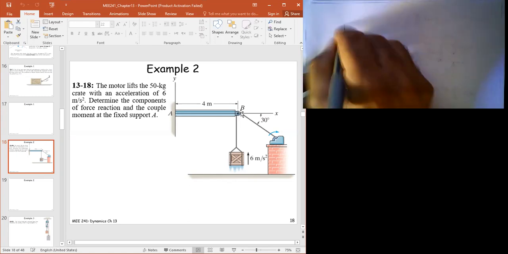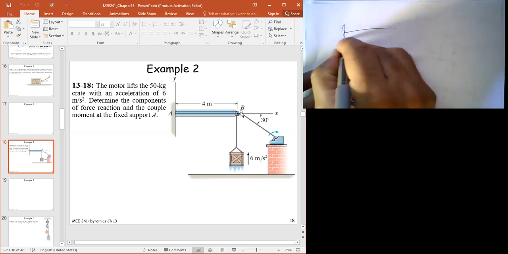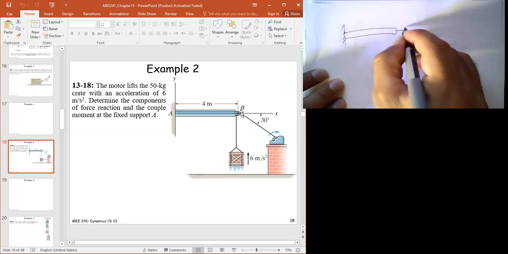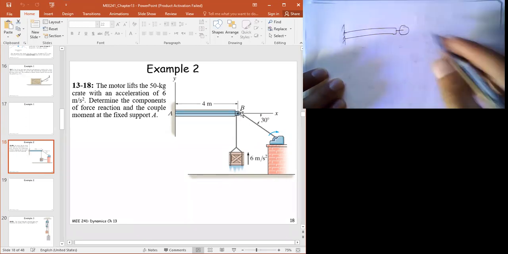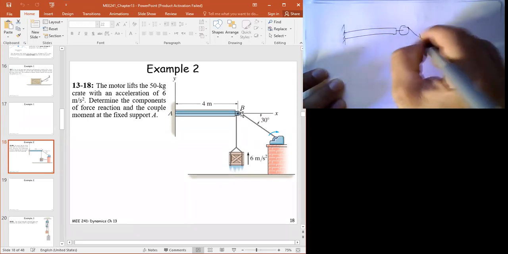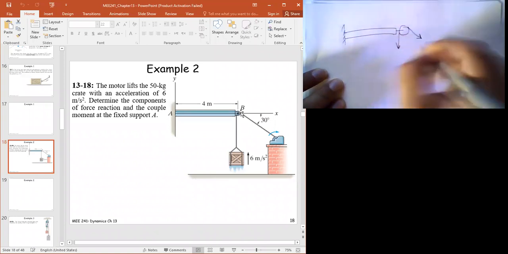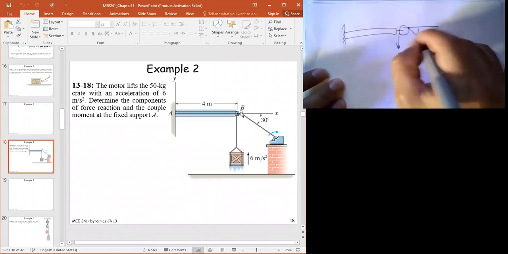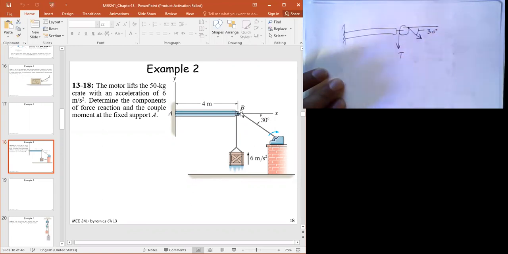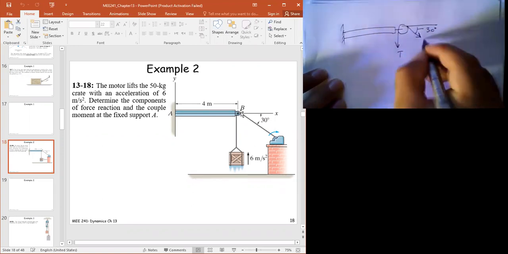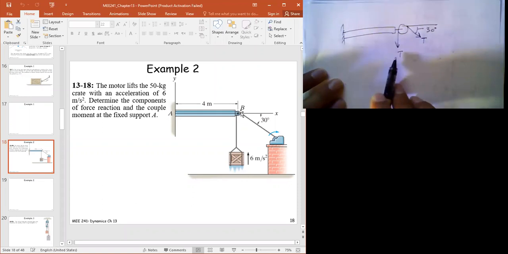So basically we have a beam and it has a pulley, right? And then there is one force on it like that, and then there is another force on it like that, right? You guys agree? Yes, doctor. Okay, what is the tension in the cable?